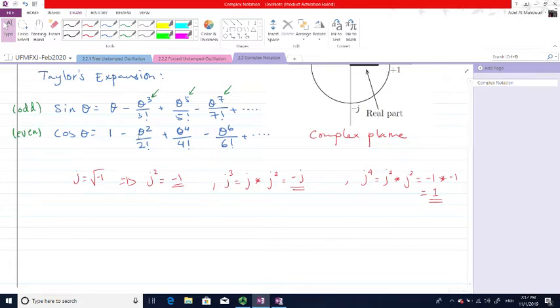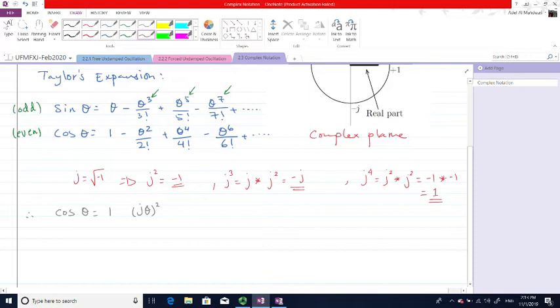Let's go first to cosine theta. If we plug j into the Taylor expansion of cosine theta, we get 1 in the first term because we don't have anything else. But for the next term, j theta all squared, j squared is going to be -1.